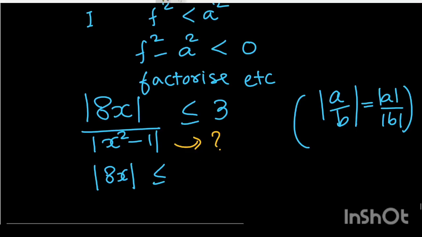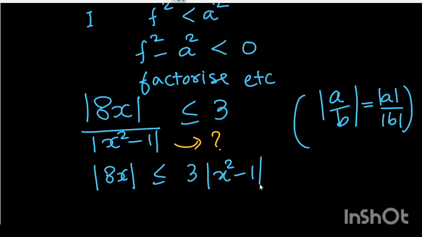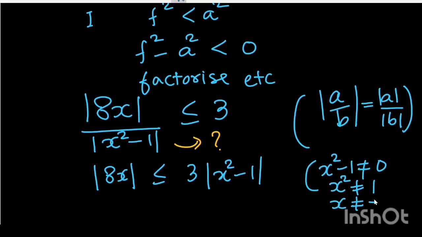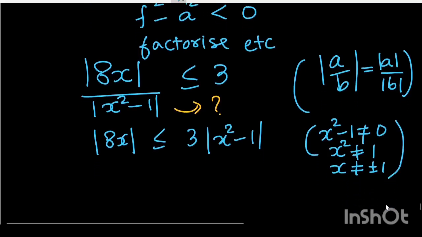So the answer is yes, we can cross multiply. Why? Because mod is positive, but since x square minus 1 is in the denominator, x square minus 1 shouldn't be 0, so x square shouldn't be 1, so obviously x should not be plus or minus 1. So 1 and minus 1 we will exclude in case they come up after solving.